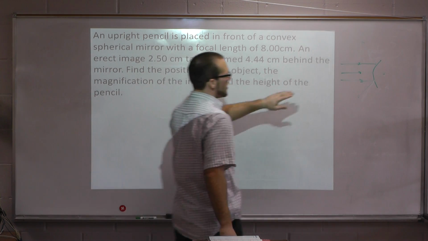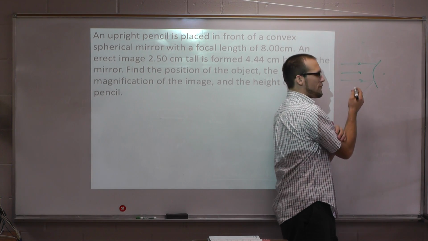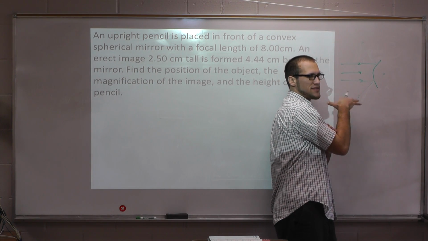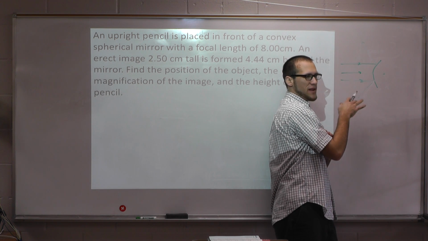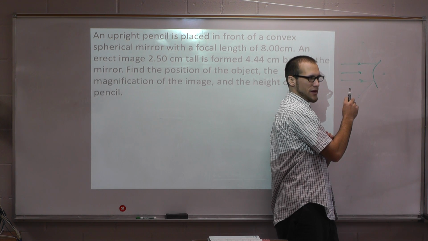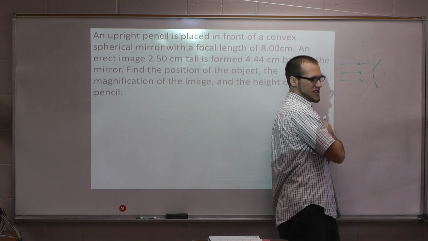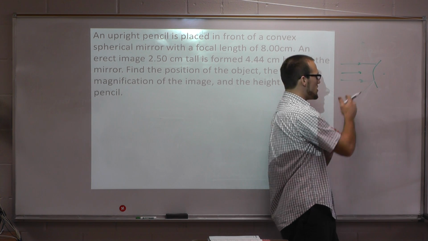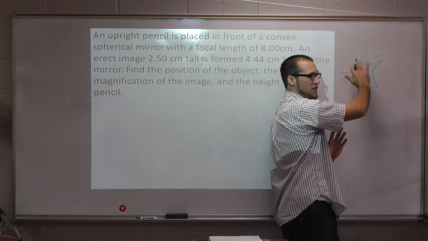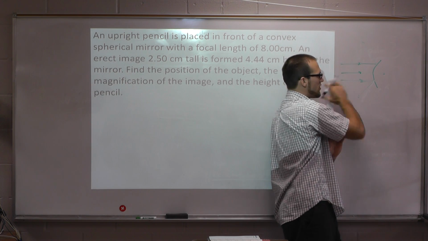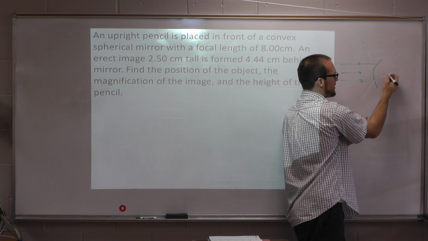I want to show you here, because if the focal point is where parallel rays come in and converge at one point, correct? But with a convex mirror, they never converge. So technically, you wouldn't have a focal point over here. The only place they would converge is if you took the lines back behind the mirror.